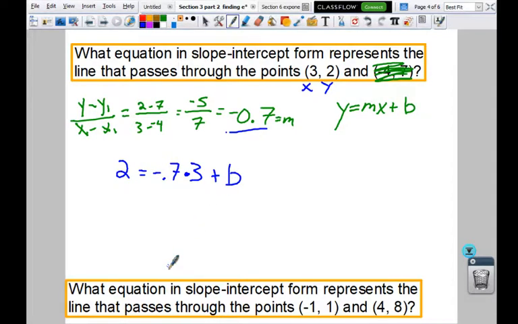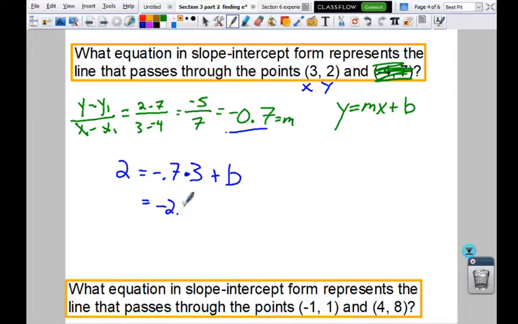Alright, and to solve it for b, Robert, what am I going to do first? Oh, times 3. Yep, and what do I get when I times these? Let him answer. He's got this. I believe in you, Robert. And I think it's negative 2.1, right?